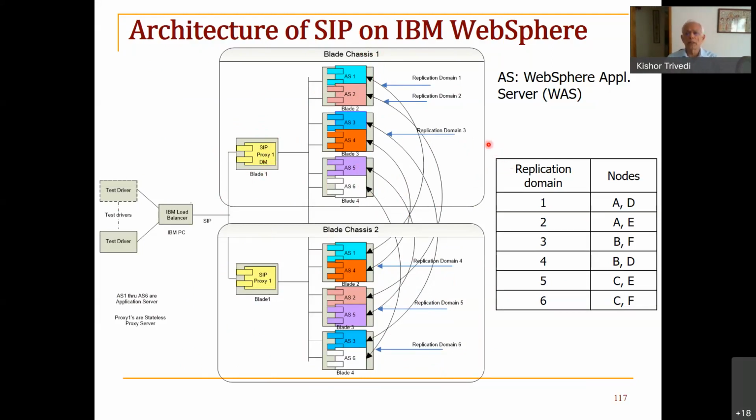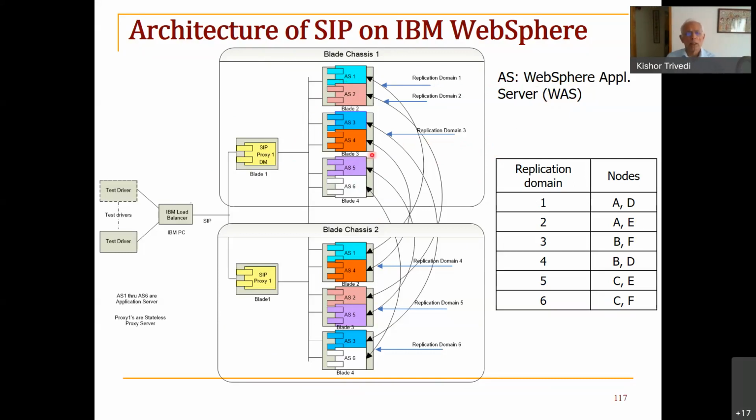Apart from the operating system software, it also had 2 application softwares. One was called SIP proxy, and the other is called application server or WebSphere application server. So the application server will be denoted either as AS or WAS, standing for WebSphere application server.